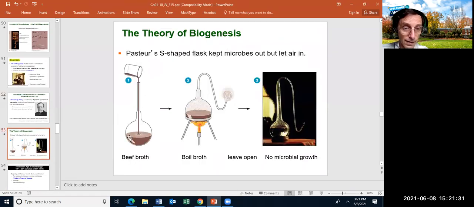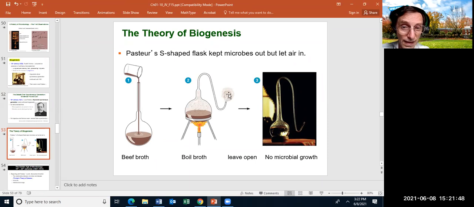What he did was he had a glass flask like this. He poured in his media, and then he heated the glass flask right here, bending it into a swan neck. This is important.